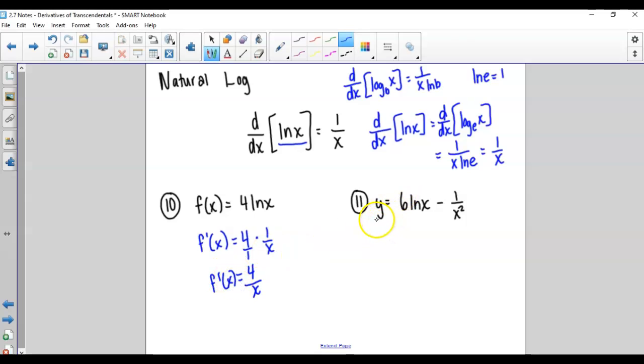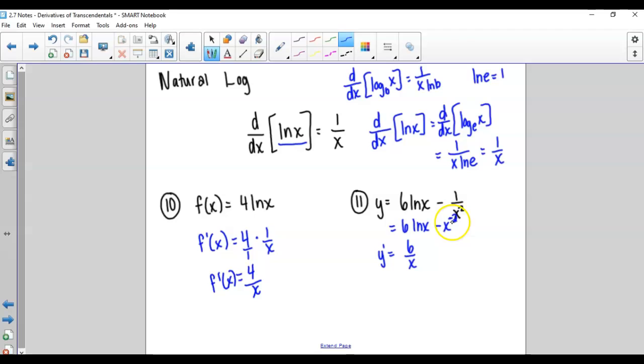And then for 11, here our y prime would be, we've got a 6 times natural log of x. When we take the derivative of the natural log of x, we get 1 over x. So that's going to give us 6 over x. And then right here, I should have rewritten before we took the derivative. This is x to the negative 2.